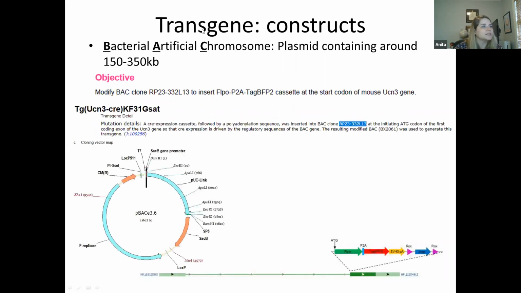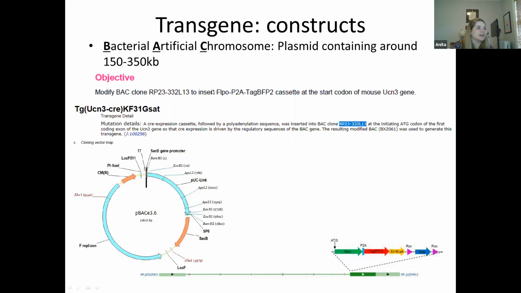So then, in terms of transgenes, I couldn't find a cute cartoon for transgenes, but essentially they're primarily synthesized using bacterial artificial chromosomes. These are just enormous plasmids that can contain 150 to 350 kb. I thought I'd tell you, I recently made a transgenic mouse, even though I told you that people don't really make mice anymore.